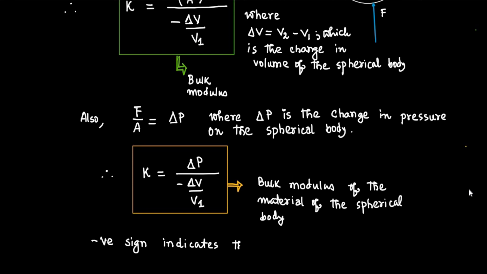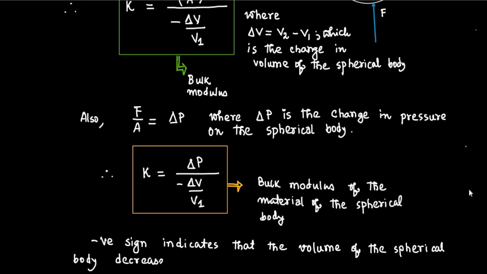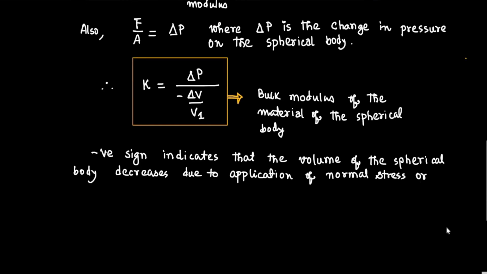The negative sign indicates that the volume of the spherical body decreases due to the application of the normal stress or the pressure.